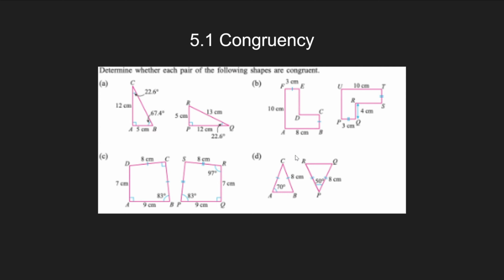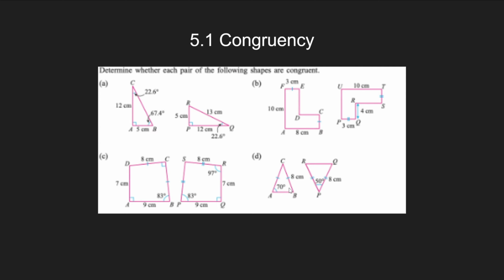Next, question D. The angle of ACB, this is a triangle. We can calculate using 180 degrees minus 70 for angle A and minus 70 for angle B, because the length on each side is the same.